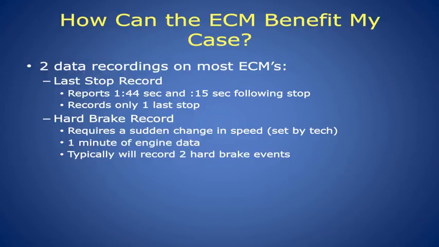And in that hard brake event, you're going to get 1 minute of engine data. And you'll see in the next slide what kind of data we're going to acquire. And again, it's going to record 2 hard brake events. So as soon as you get another hard brake event, the older hard brake event is going to fall off of that computer and no longer be accessible.